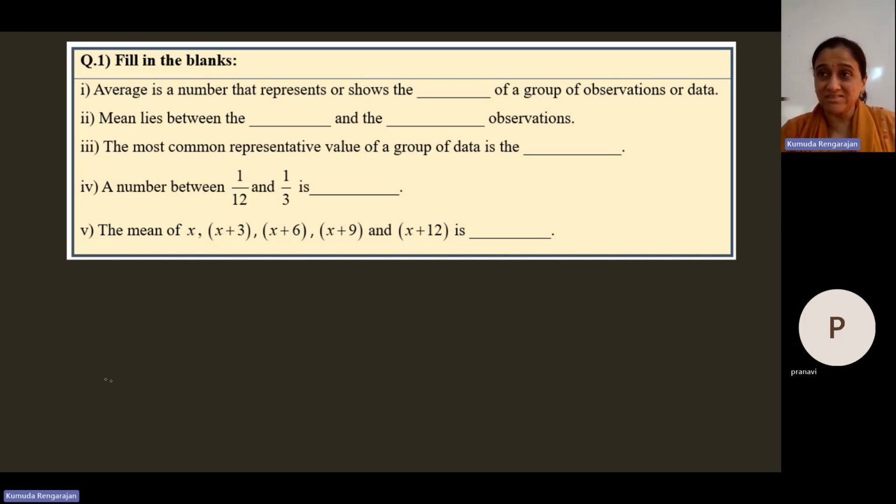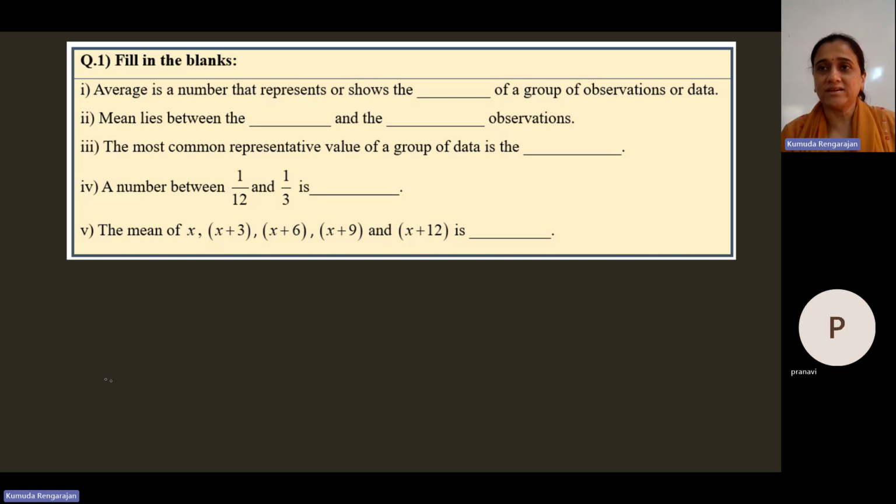That one number which represents all the other numbers in the data is called the average of the data, which can be mean, median, or mode.